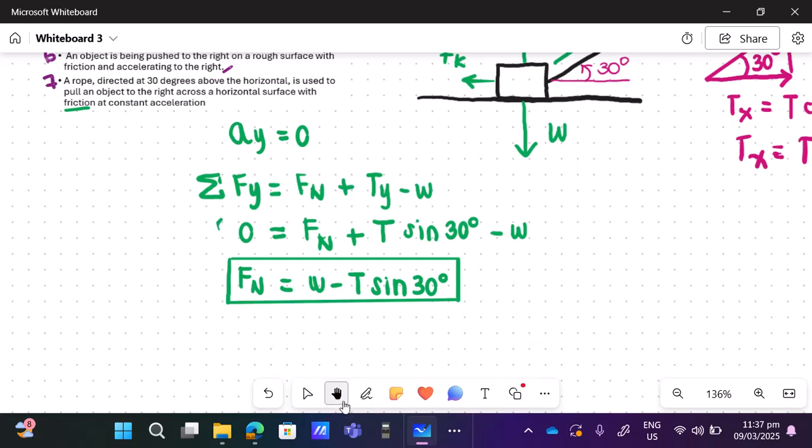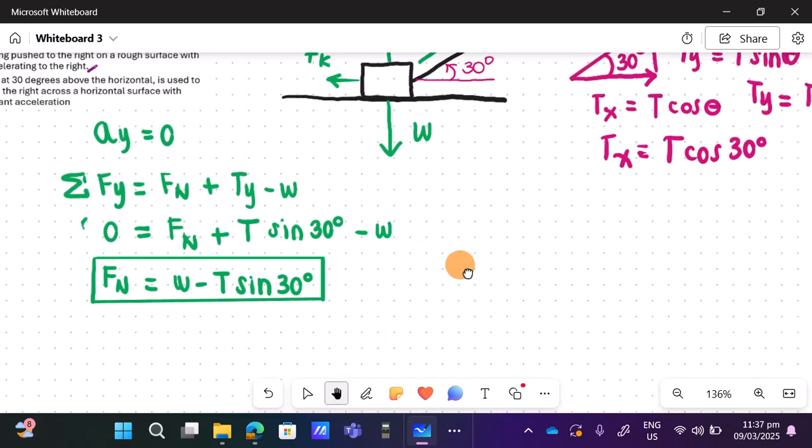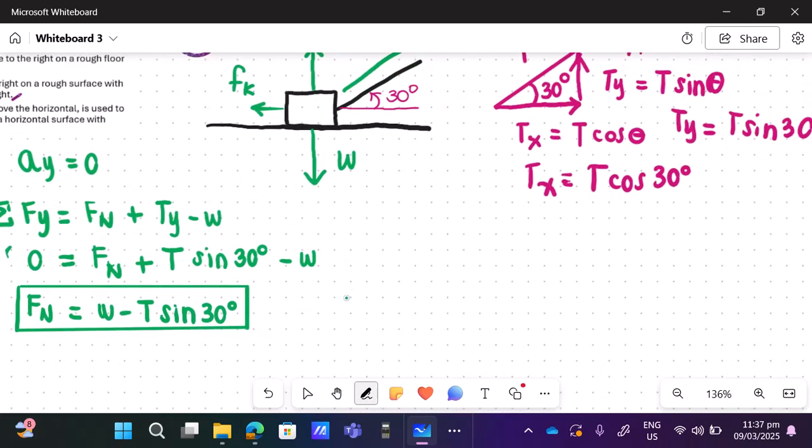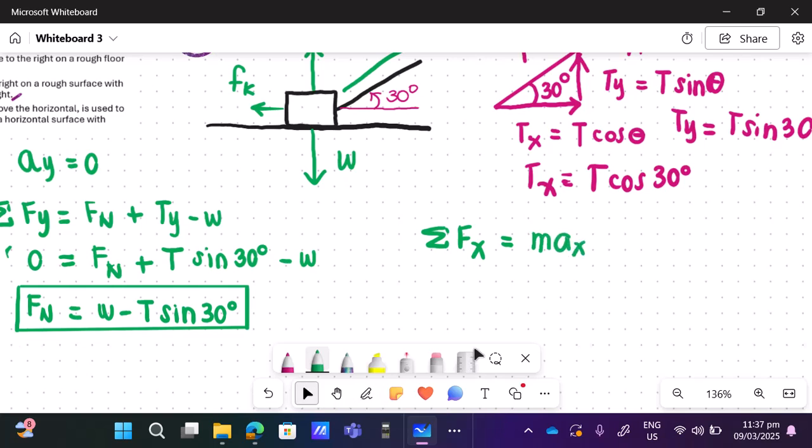Now let's find the net force along the x-axis. Summation of forces along x, we know that a sub x is constant, so this will be mass times a sub x.